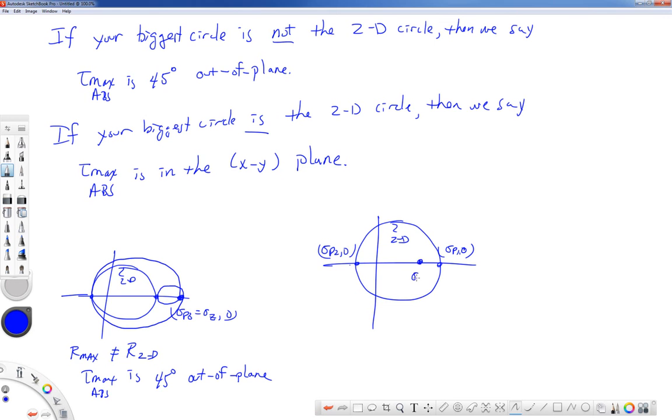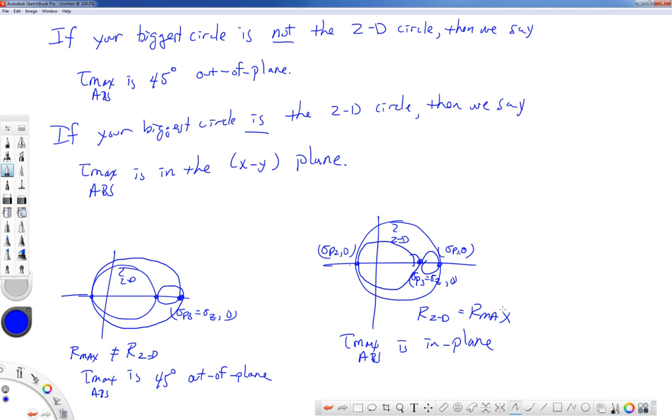There was sigma P3 equal to sigma Z at that spot. Then we draw these two smaller circles that go inside my 2D circle. Then we would say tau max absolute is in plane. And this case is when R2D is our maximum circle.